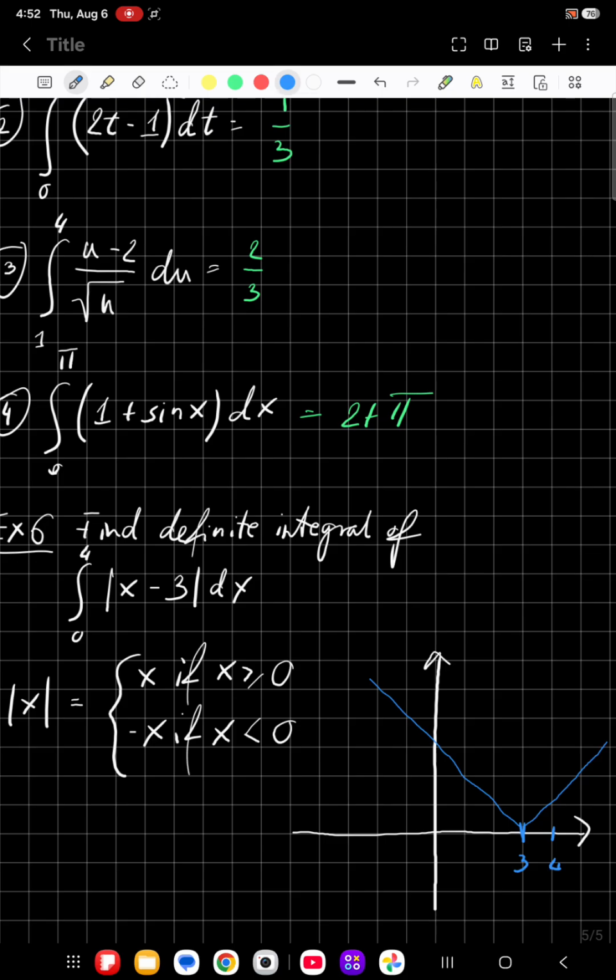I'm evaluating the function from 0 to 4. So this is 0 here. So it's going to be this area. I'm calculating technically this area, or evaluating that integral.